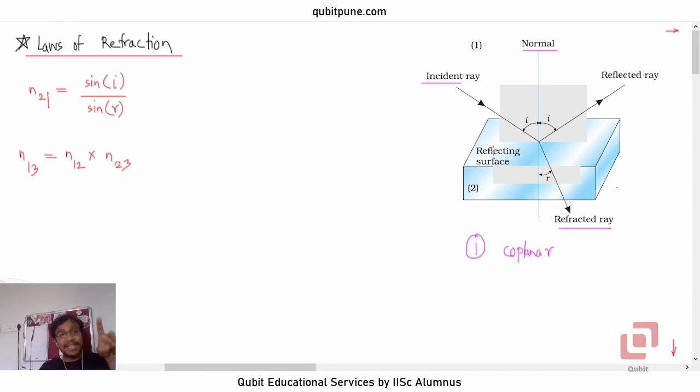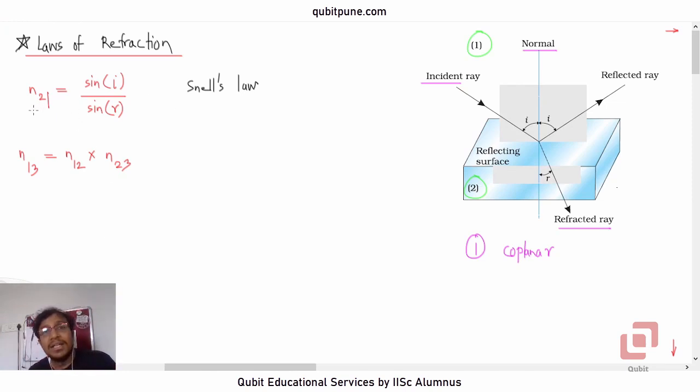What is the second law of refraction? Also called Snell's law. Snell's law tells us that for a given pair of optically transparent media, let's say medium 1 and medium 2, the ratio of the sine of the angle of incidence to the sine of the angle of refraction is the same, and that ratio is called the refractive index.